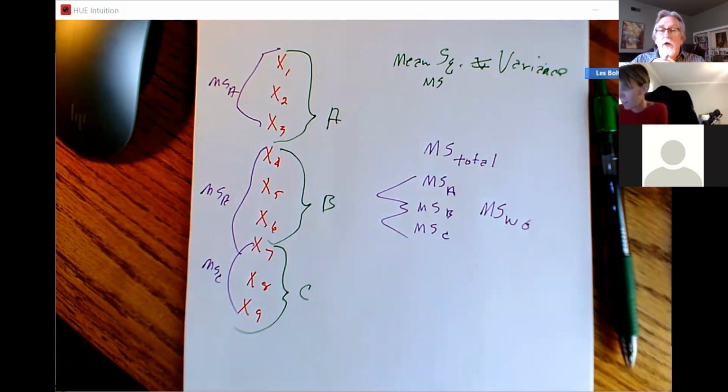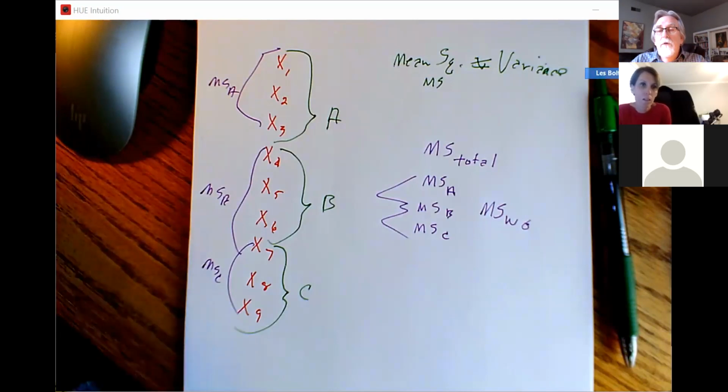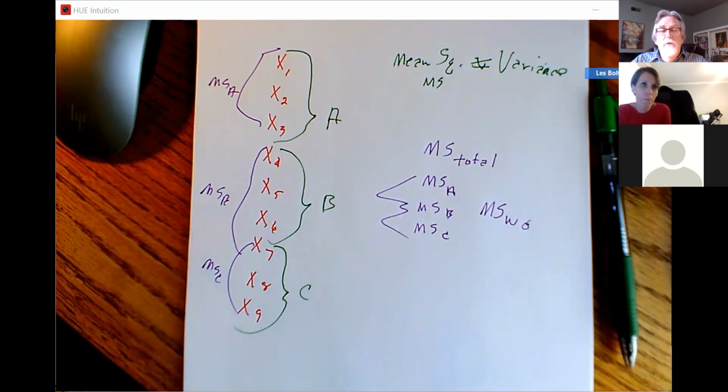Now, that mean square within the groups, we assume to be random error, because that's just random fluctuation within a group of individuals. Now, logic would supposedly tell you that the variance within the groups should add up to the total variance across the entire number set.